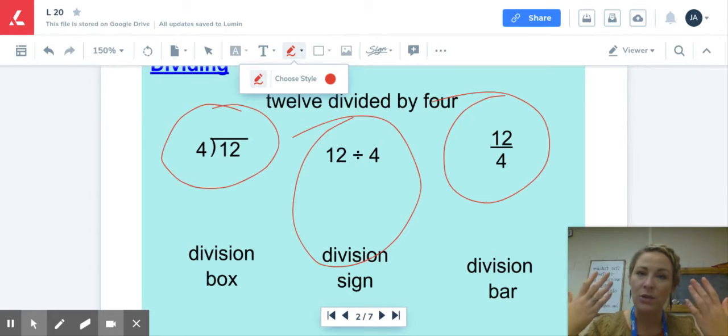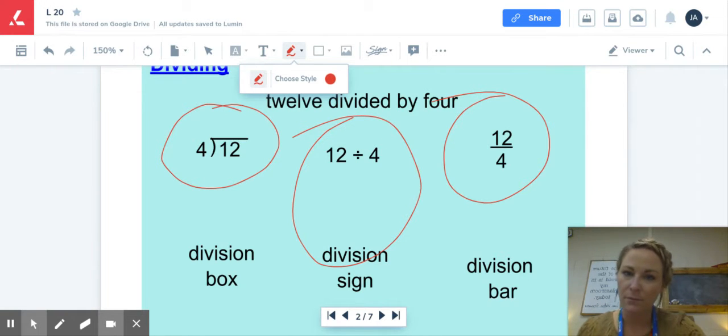So you're going to read your numerator and then your denominator. If we were talking about fractions, you might read this as 12 fourths. But thinking about this as a division problem, it's the same thing as 12 divided by 4. So that fraction bar really does serve also as a division bar, 12 divided by 4.